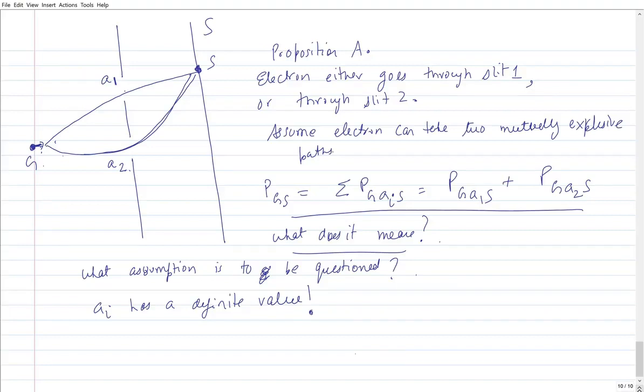So if AI has a definite value, then I have no other way but to add up these things.